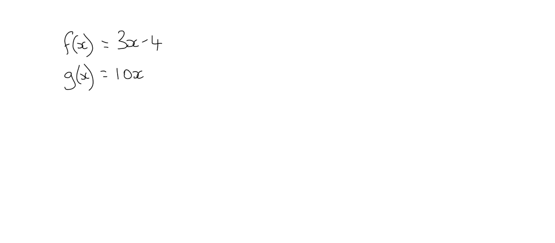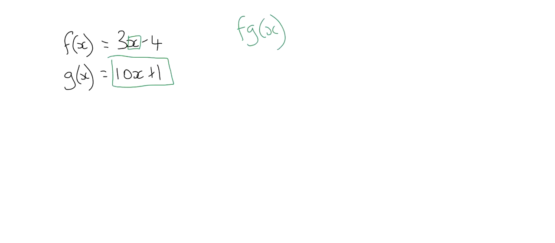All right, so there are multiple ways that I can put this stuff together. So if I want to find fg of x, remember what this means is I take f and instead of my variable, I put in the whole function of g. So whichever letter comes first, that's the function you use, and you replace the variable with the second function.